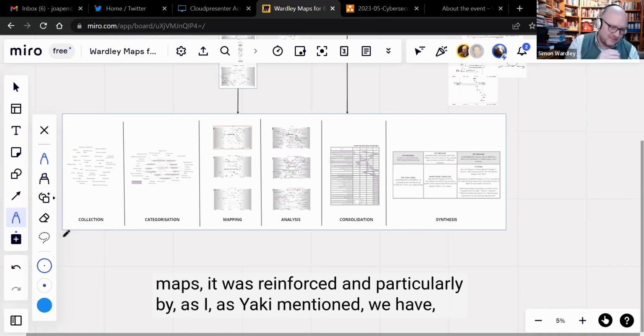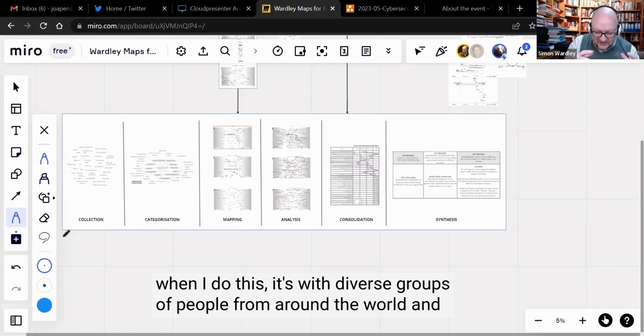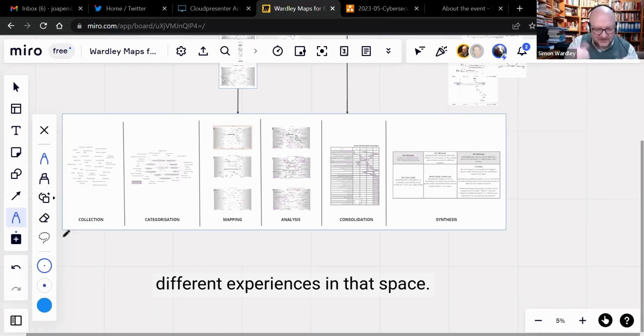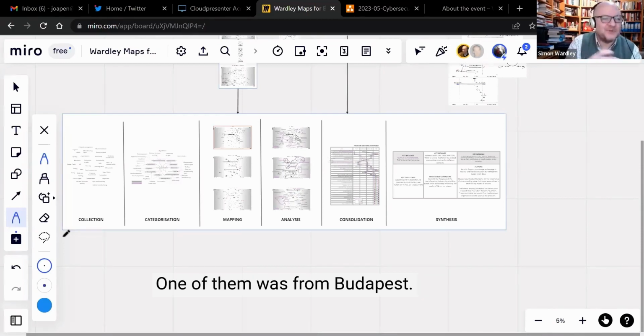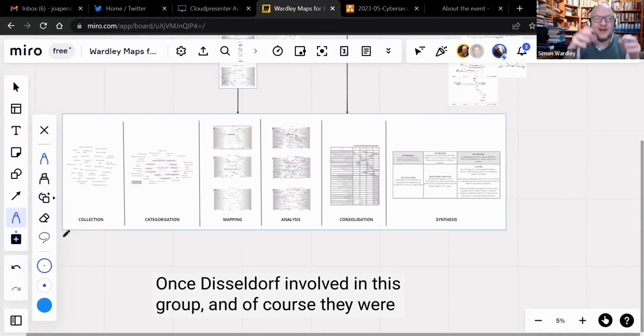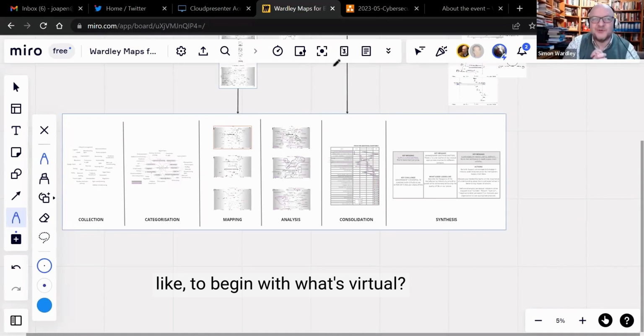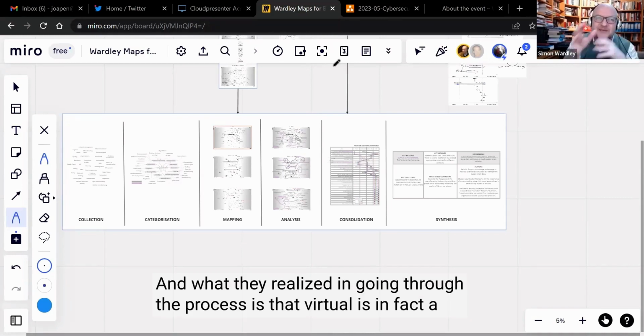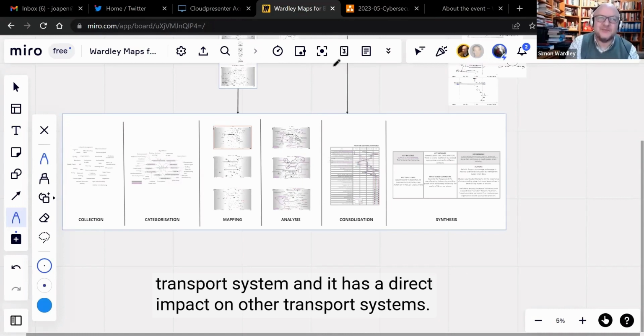And particularly by, as Yaki mentioned, when I do this, it's with diverse groups of people from around the world and different experiences in that space. I had several city transport planners. One of them was from Budapest, one's Dusseldorf, involved in this group. And of course, they were like, to begin with, what's virtual? And what they realized in going through the process is that virtual is, in fact, a transport system.